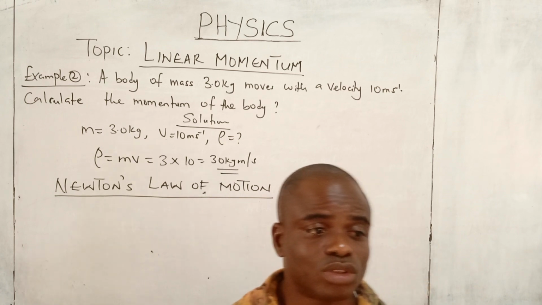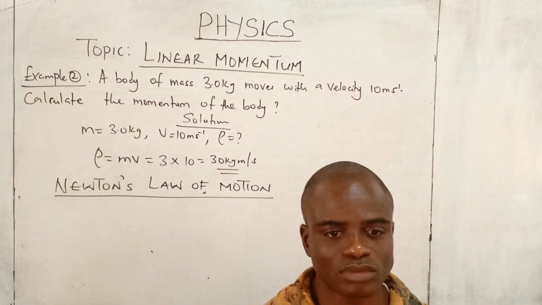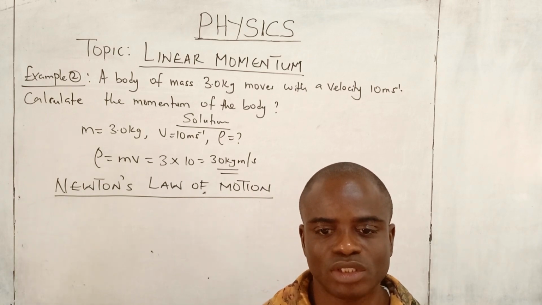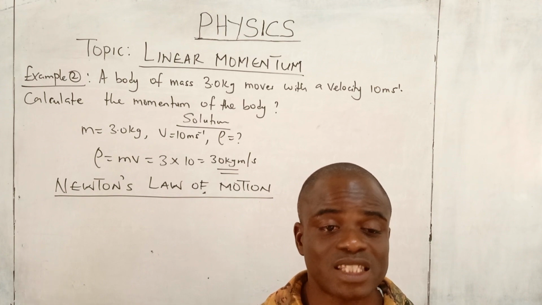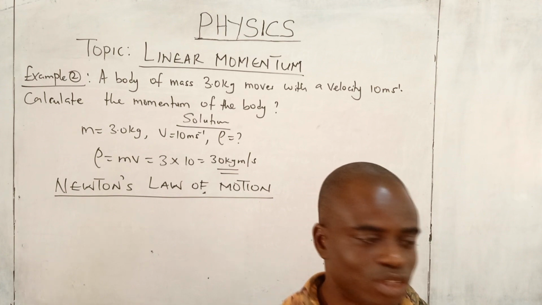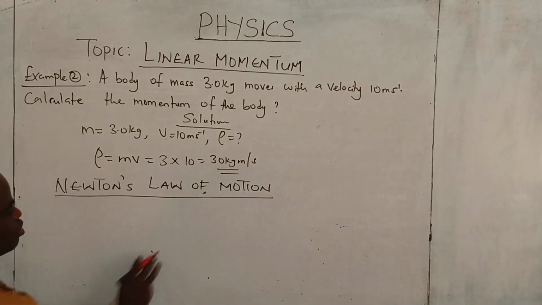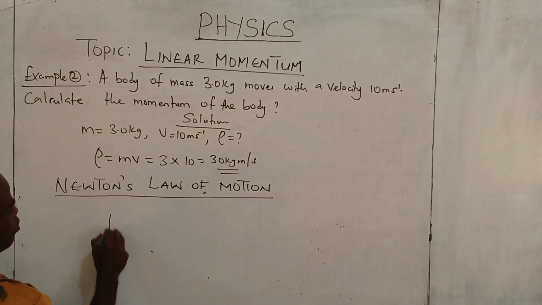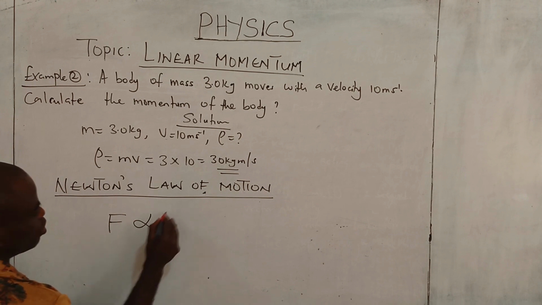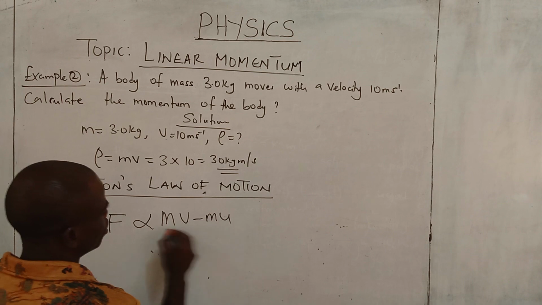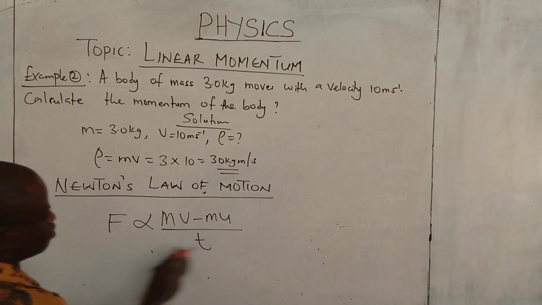And also, Newton's second law of motion states that the rate of change of momentum is proportional to the impressed force and takes place in the direction of that force. What about the rate of change of momentum? We will say that force is the rate of change of momentum, which is mv minus mu. The rate has to have time.